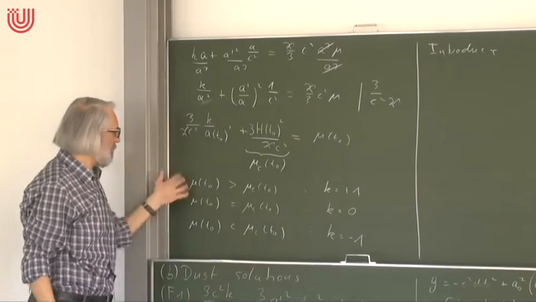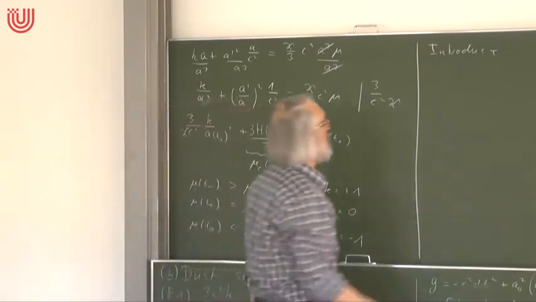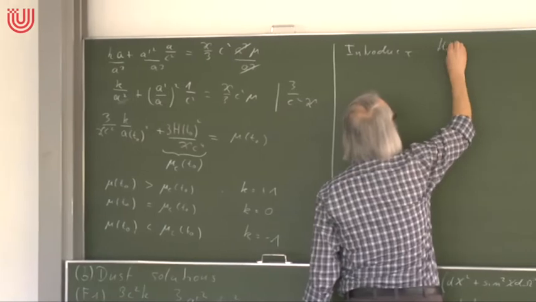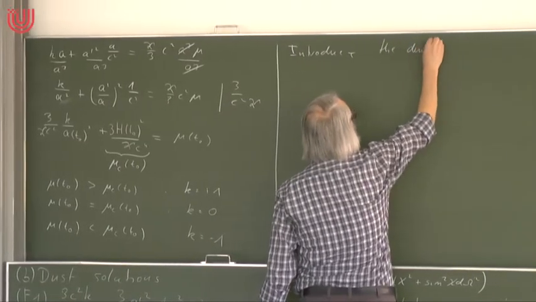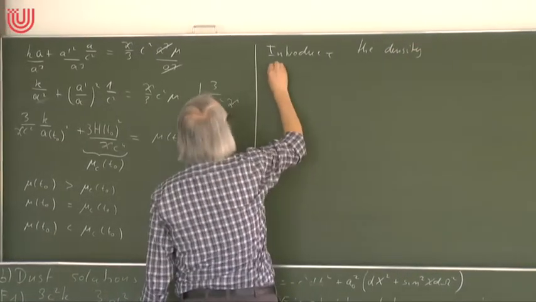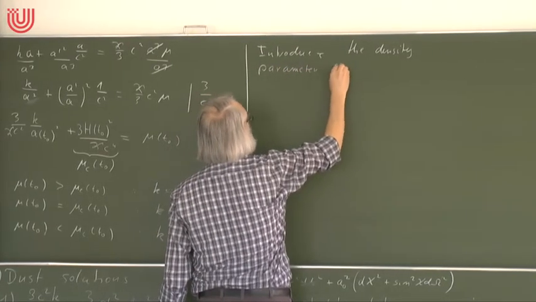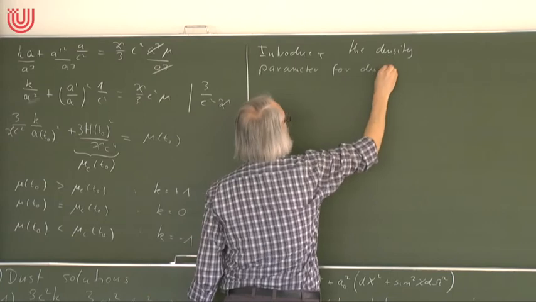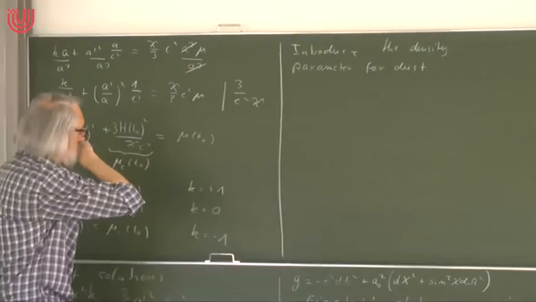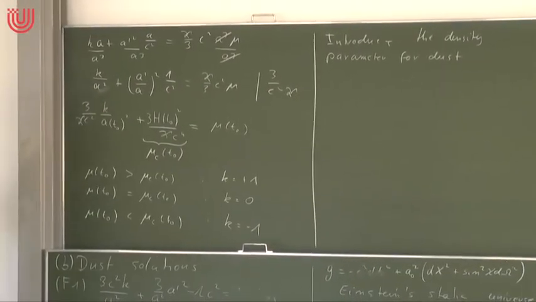So then the question is, is it bigger than 1 or smaller than 1? And this is called the density parameter. What we are doing here is a density parameter for dust. Yeah? We will also do it for other matter contents later.